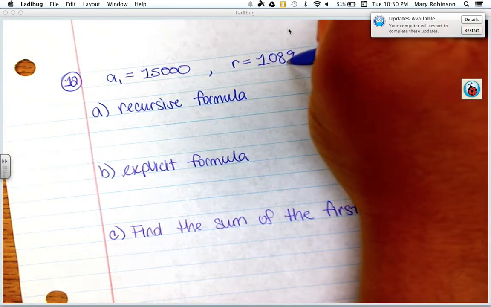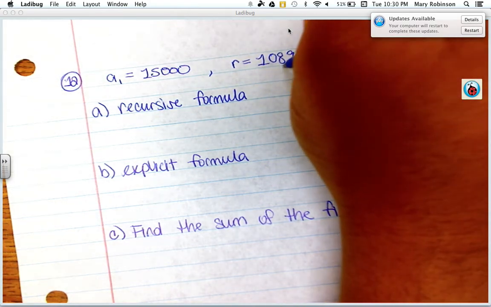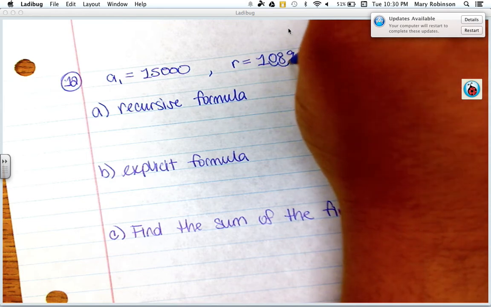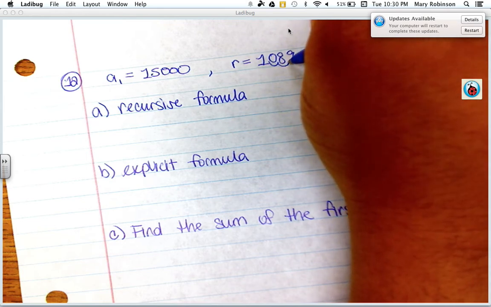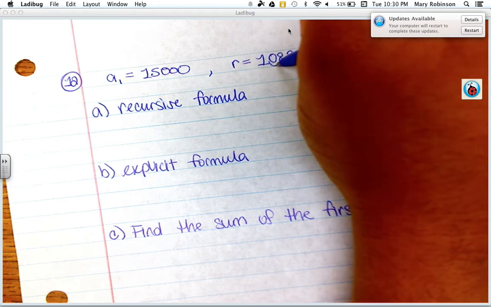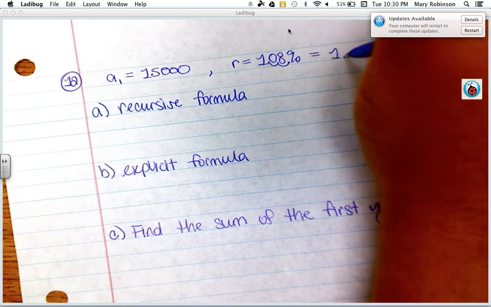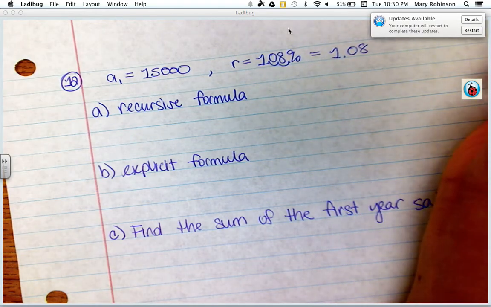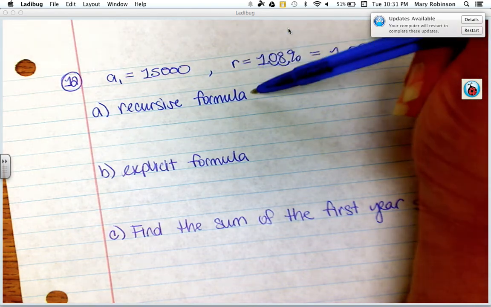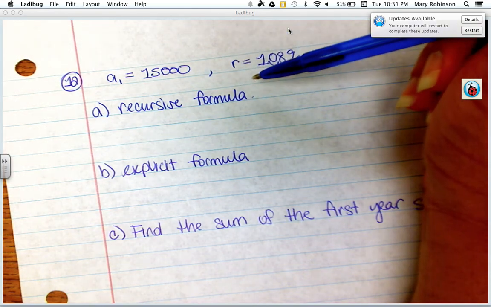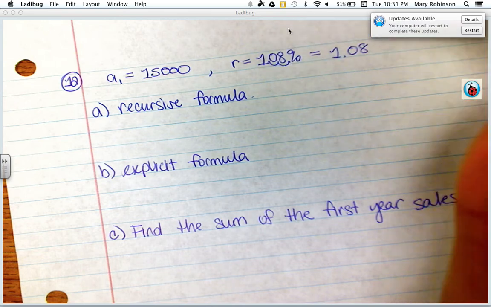Alright, so then we're going to change this percentage to a decimal. We divide by 100, moving the decimal point 2 places to the left. So r equals 1.08.